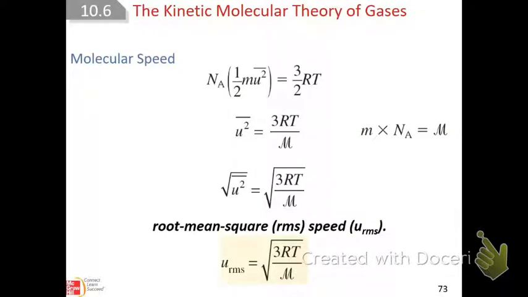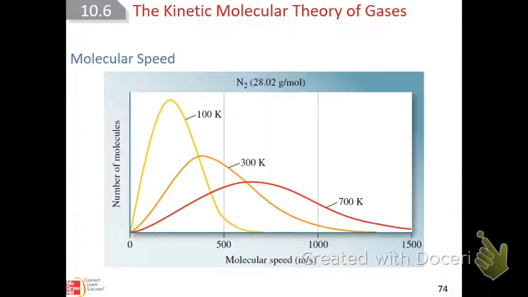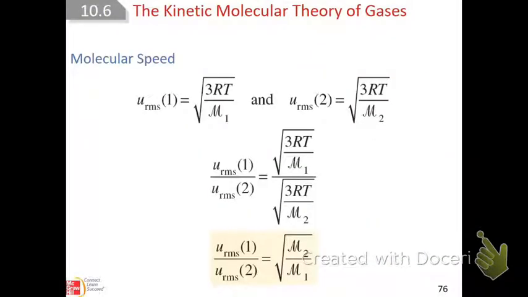And here we're talking about speed. How much does it speed up? We could derive it using your PV equals nRT, and we could talk about the number of moles and all of those kinds of things. But I'm not going to ask you to learn this, okay? What I will ask you to know is this last one right here, that you can compare two gases and decide which one of them is going to travel faster.